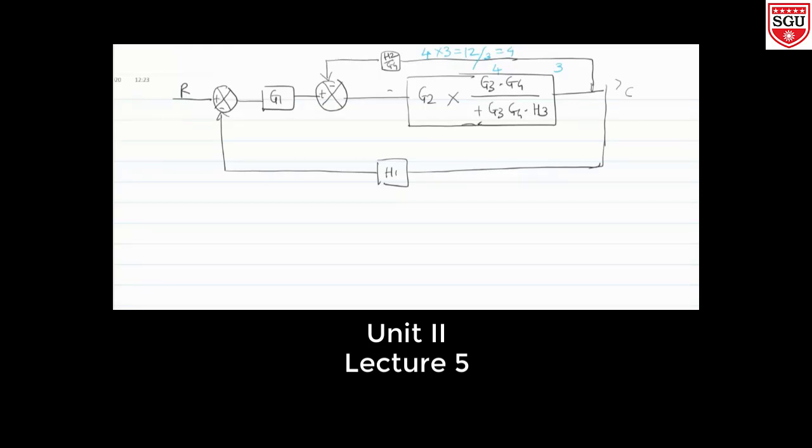Okay. Up to this part I have explained to you. You have to complete this. And remember, I am giving the assignment today on the previous chapter, that is linearization.